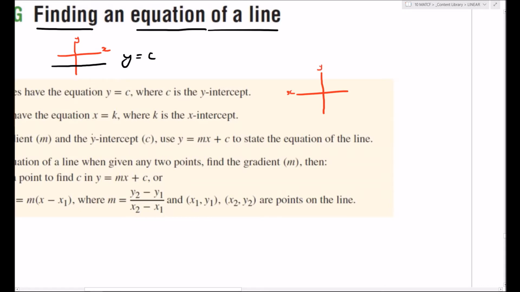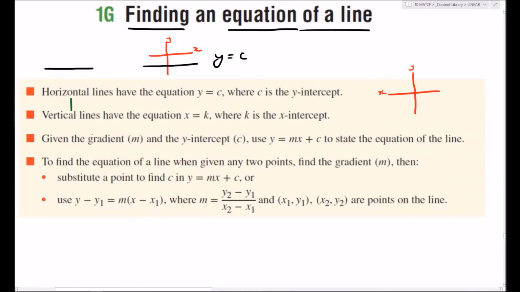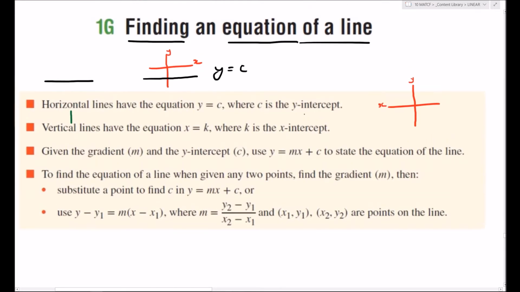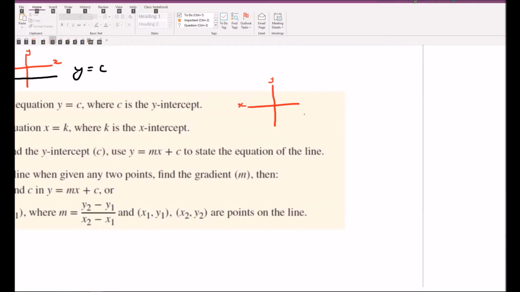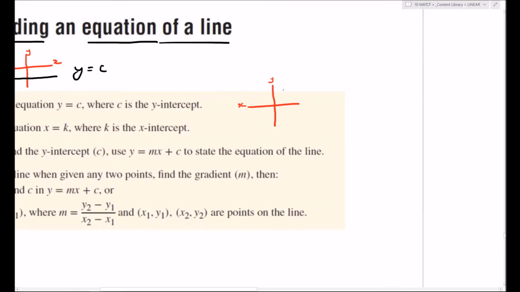This statement is saying vertical lines have an equation where x equals k. The line that's drawn only intercepts the x-axis. So if I draw a line here, the formula of this line will just be x equals whatever that number is on this line here. Any equation where it's x equals something, the line will look like this.